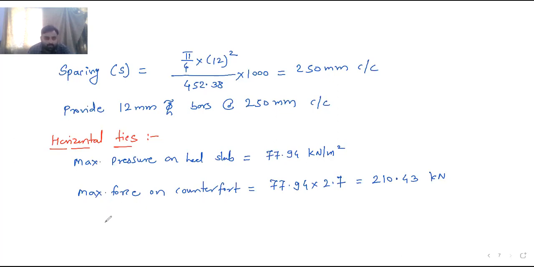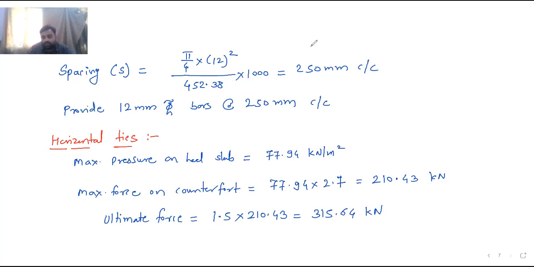So the ultimate force is equal to 1.5 into 210.43. If you multiply this by 1.5, then the ultimate force will be 315.64 kilonewton. So this is the ultimate force.